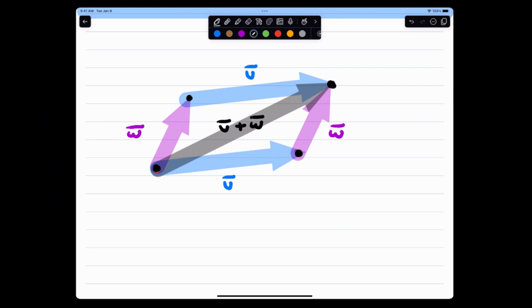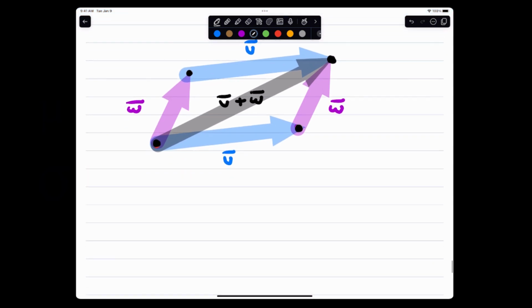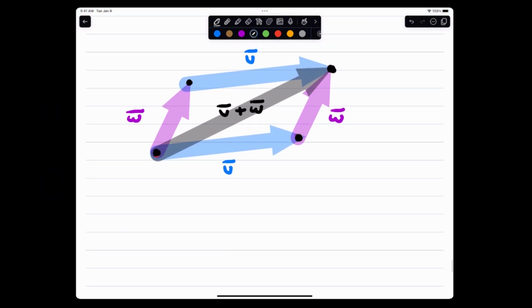And that's what we did. We didn't change direction, and we did not change what? Magnitude.